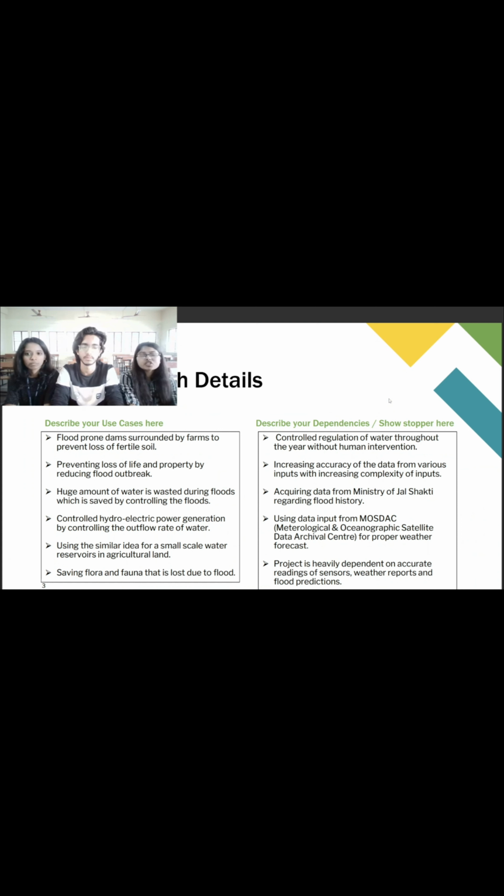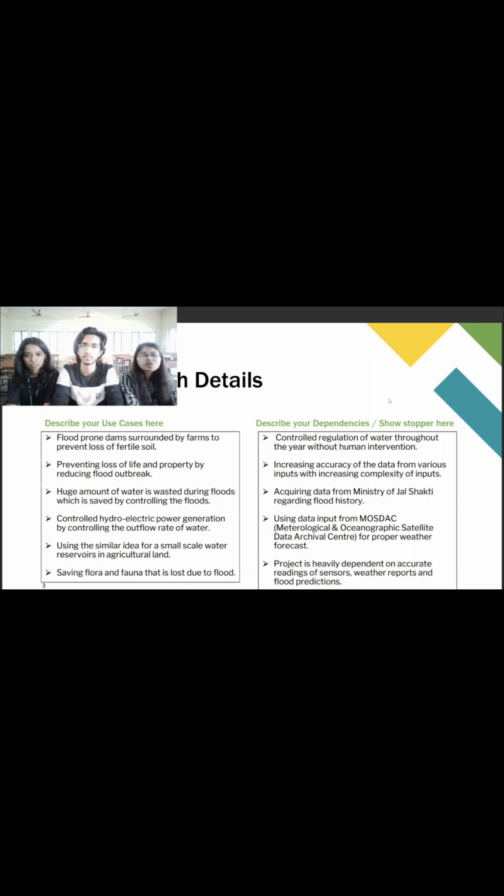Okay, so the application of this idea of the project we can use also in areas like flood-prone dams surrounded by farms to prevent loss of fertile soil. Due to flood, there is a certain increase, a certain flow of the water in the basin side of the dam, and due to that, there is a loss of fertile soil.